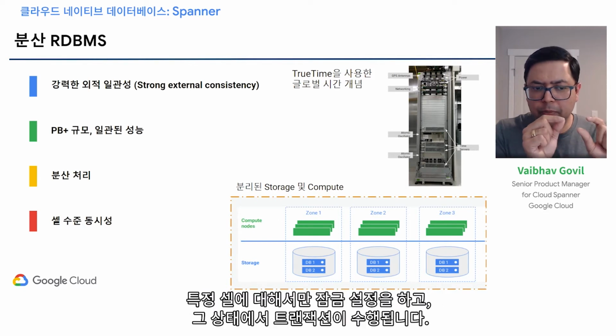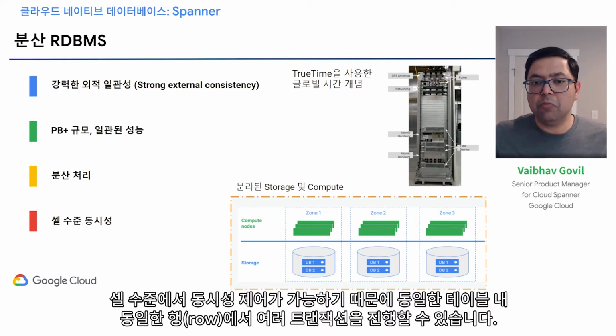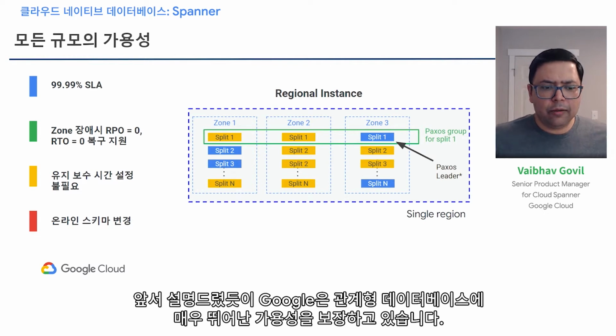We just hold it on a particular cell. And based off of that, the transactions happen. So again, extremely scalable from that perspective. So you can have multiple transactions going on within the same table, within the same item, because we have cell level concurrency control.